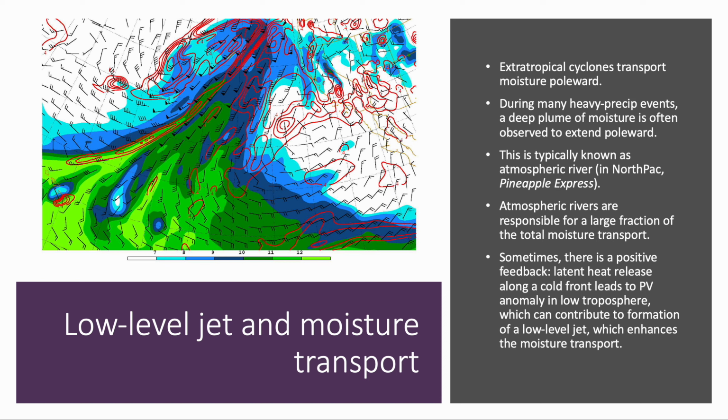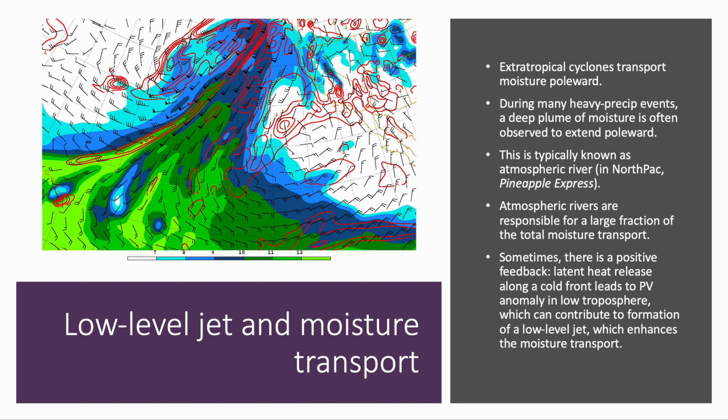And another important thing that we need to keep in mind is that when we talk about moisture, it is an important component of atmospheric dynamics really, but of these cyclones as well.